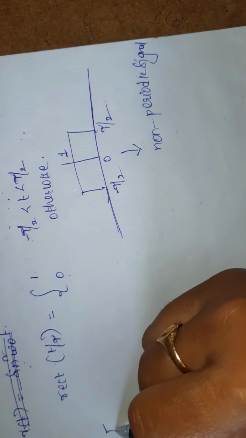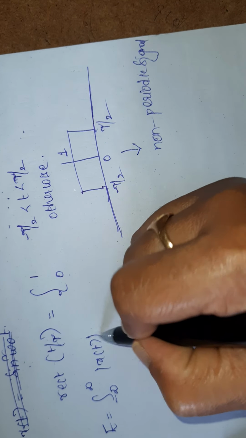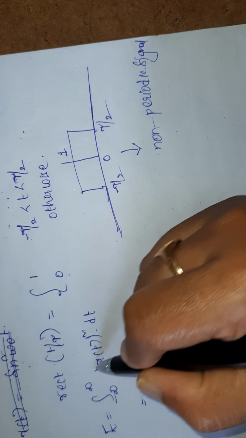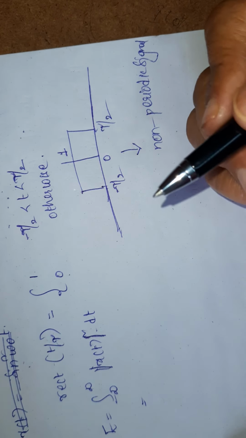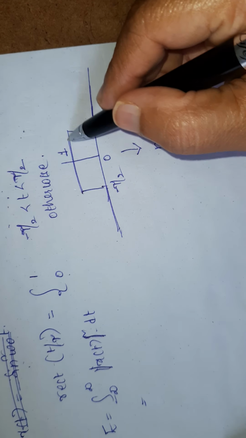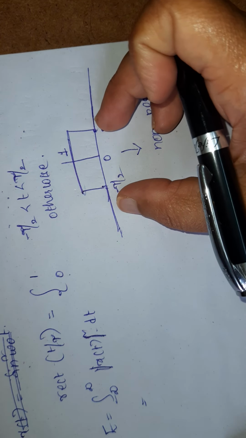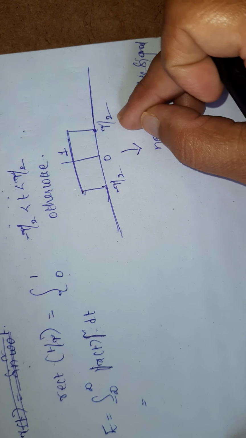So here energy, what is the formula? Integral from minus infinity to infinity of modulus of x of t whole square dt. So modulus of x of t is nothing but the amplitude, the magnitude you have to consider. So what is the magnitude and what are the limits? The signal is existing in between minus tau by 2 to plus tau by 2.